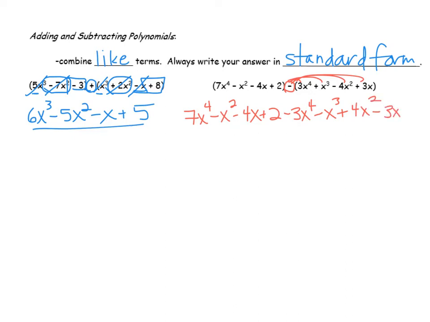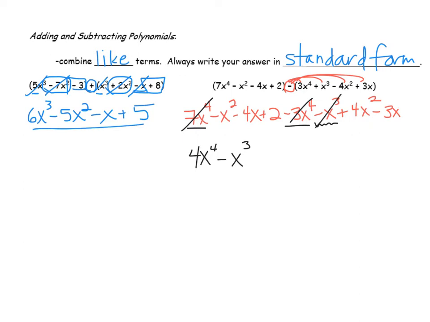Now looking at my degrees, we have 7x to the 4th minus 3x to the 4th. That would give us 4x to the 4th. From there, a cubic term, I see we only have negative x cubed, so we'll include that.